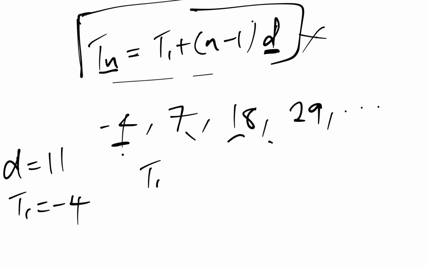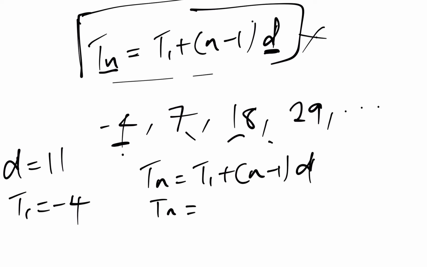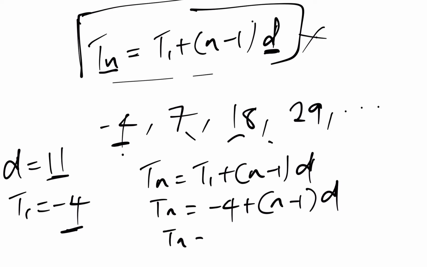Now we just have to plug into our formula. Our formula says Tn is equal to T1 plus n minus 1 d. Then Tn is equal to the first term, -4, plus n minus 1, then the d is 11 here. So Tn is equal to -4 plus, substituting d with 11, 11 times n, that's 11n, minus 11 times -1, that's minus 11.